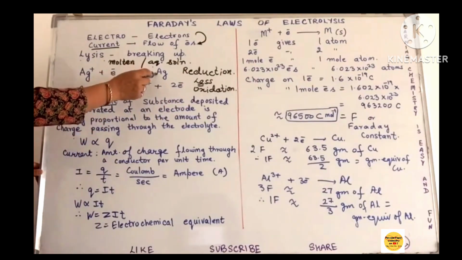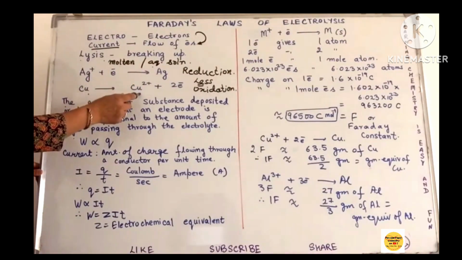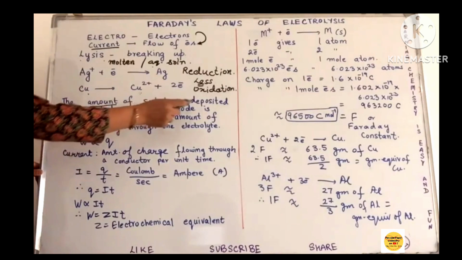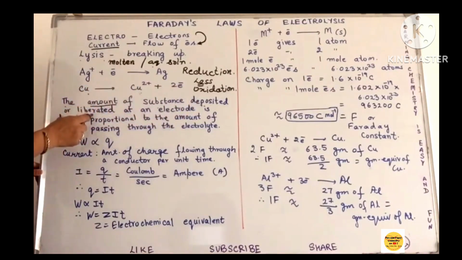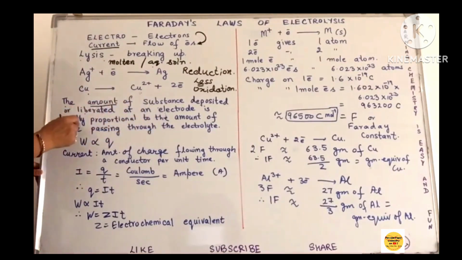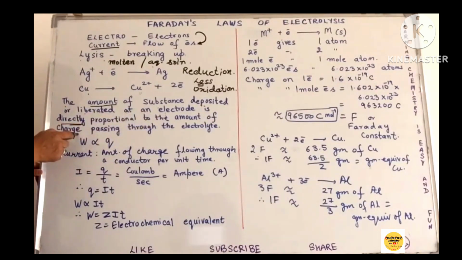Here silver will be deposited, but in the second reaction that I have written, copper will be released as ions in solution. So the amount of substance deposited or liberated at an electrode during electrolysis is directly proportional to the amount of charge passing through it.